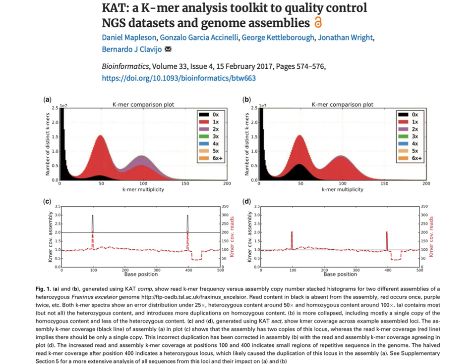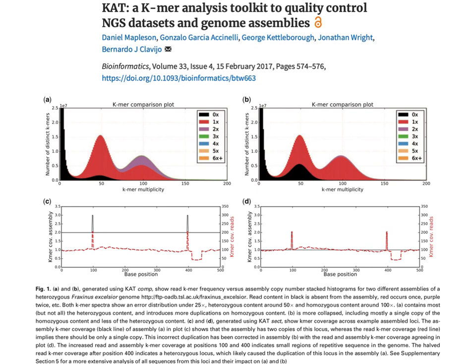those k-mers. What you have is two different assemblies, and the assembly on the left is representing a haplotype and a little bit more, if you want. You can see that it's recovering most of the heterozygous content, but not all of it.